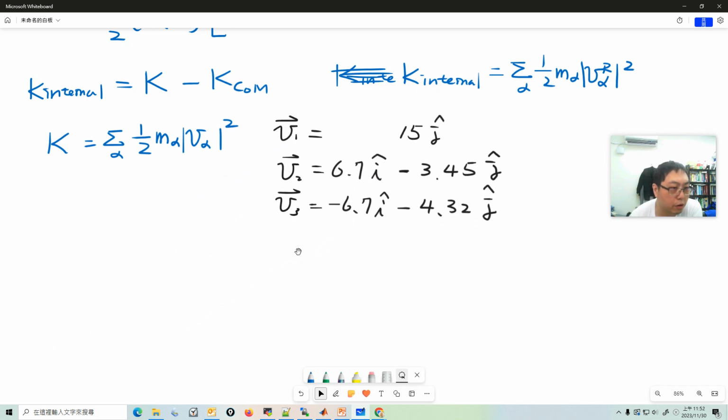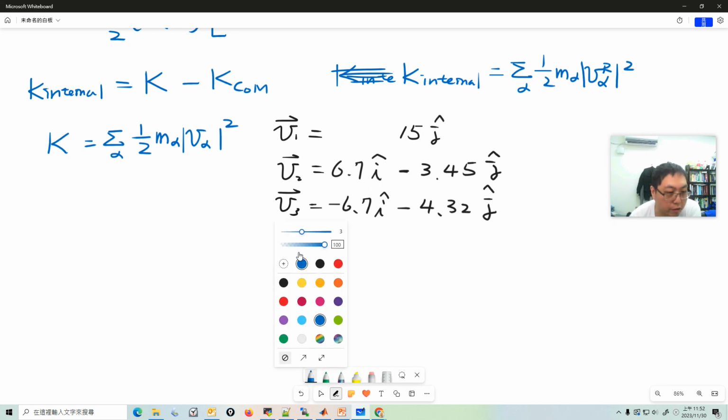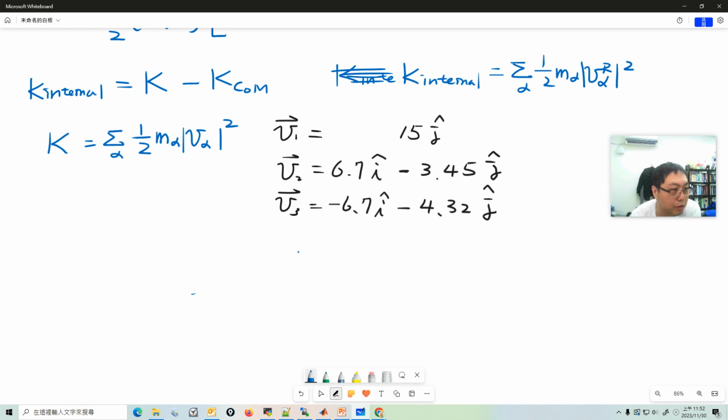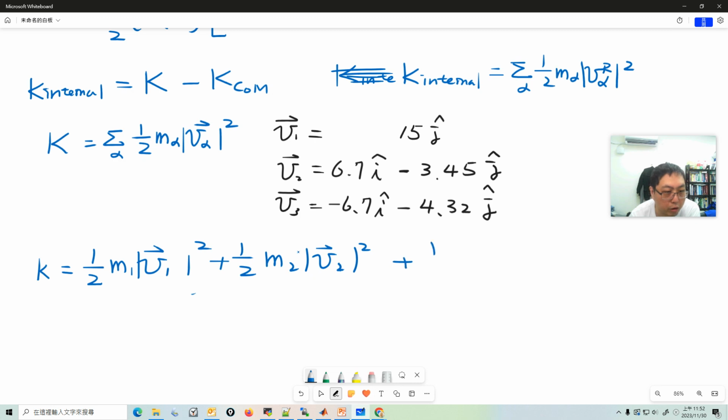So let's calculate the total kinetic energy of the system. It's the summation over alpha of 1 over 2 m alpha v alpha square. So it's 1 over 2 m1 v1 vector square plus 1 over 2 m2 v2 vector square plus 1 over 2 m3 v3 vector square.